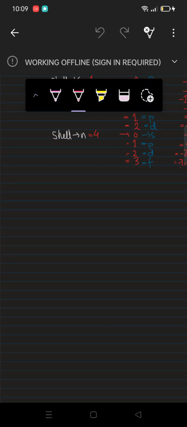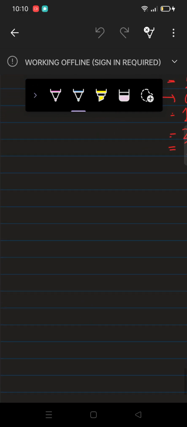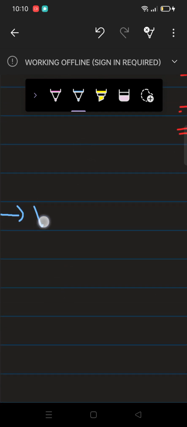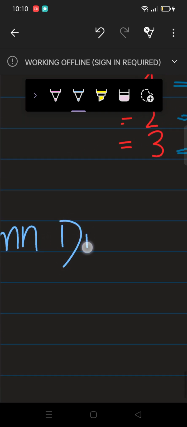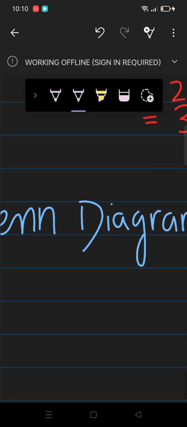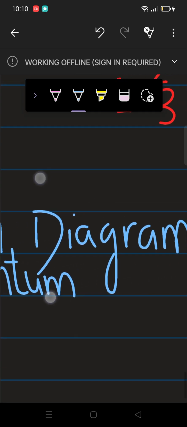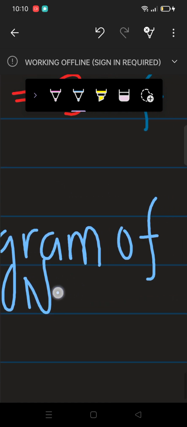So let's make a Venn diagram here, because I want to represent the sets. This is the Venn diagram of quantum numbers, the best example to understand them.